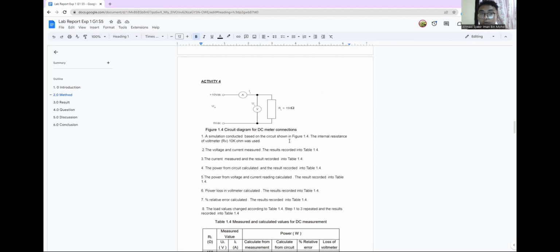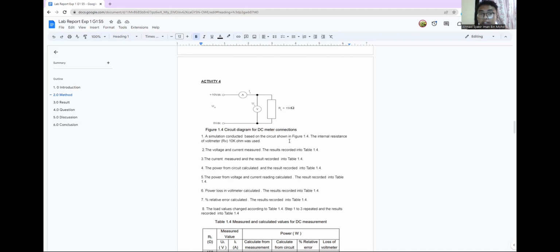Next, the last activity is activity 4. As usual, we need to conduct a circuit simulation using suitable software. The internal resistance of the voltmeter, 10,000 ohm, was used.